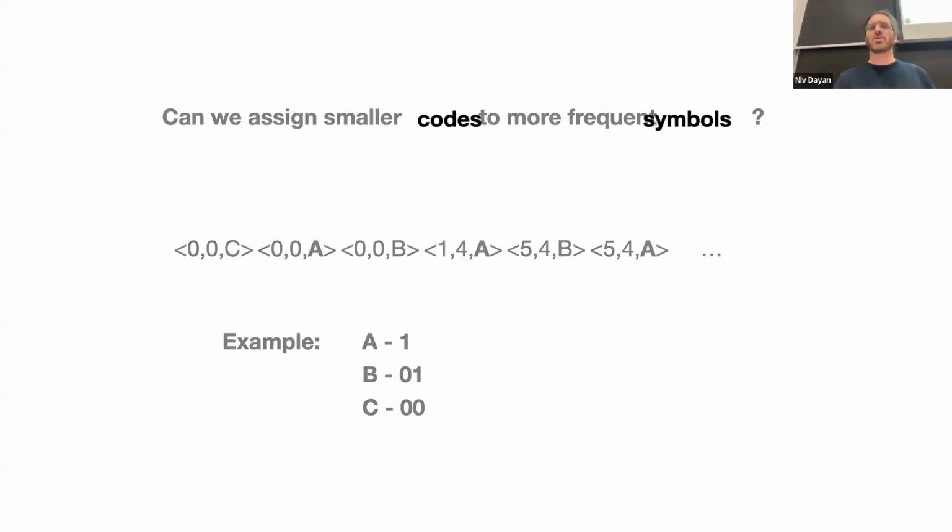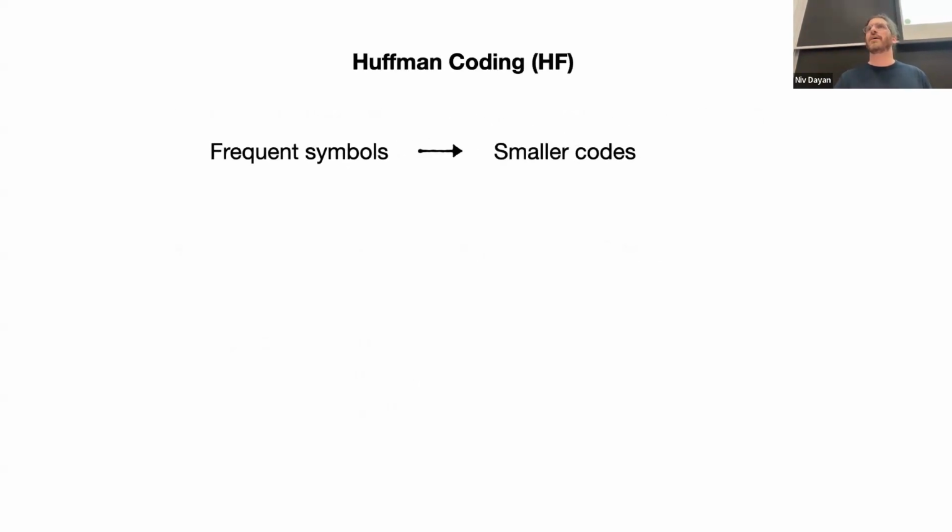And we're going to do that using a technique called Huffman coding. Huffman coding, who has seen before? Yeah, that's typical. So that's most of you. Okay, so I'll run through this quickly as a refresher. But the idea with Huffman coding is we're going to take frequent symbols, assign them smaller codes, take infrequent symbols and assign them longer codes to minimize the overall code length.